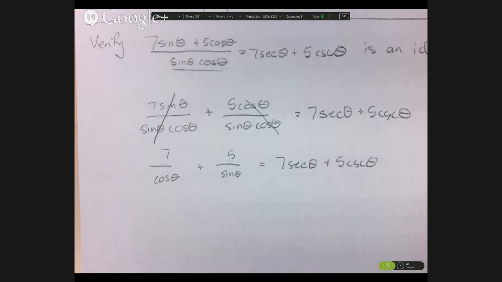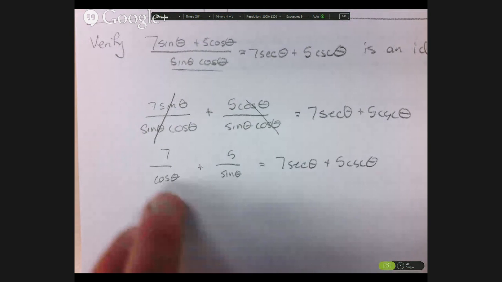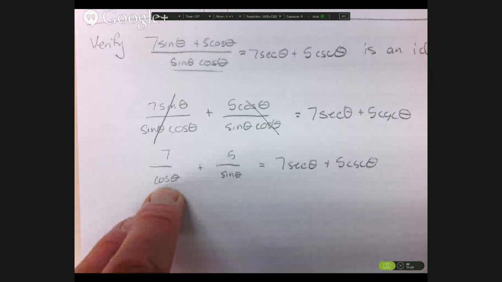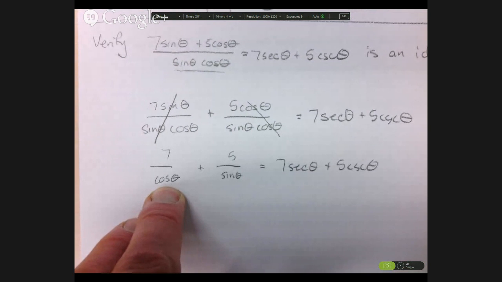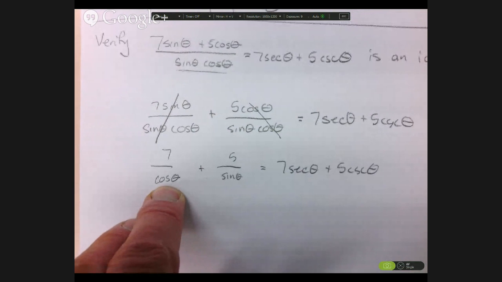So aside from trying to manipulate these equations, you're rarely going to add or subtract from both sides. Okay. Rarely. So try not to go that direction. Okay, what is 7 over cosine theta? Cosine's a reciprocal of secant. So it's 7 secant theta, because secant's 1 over cosine.